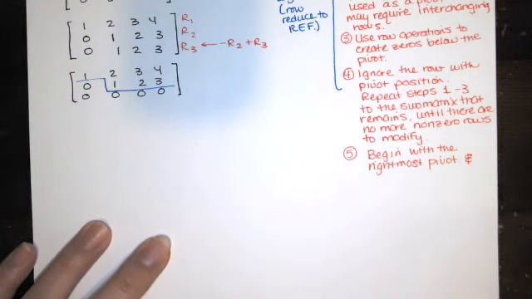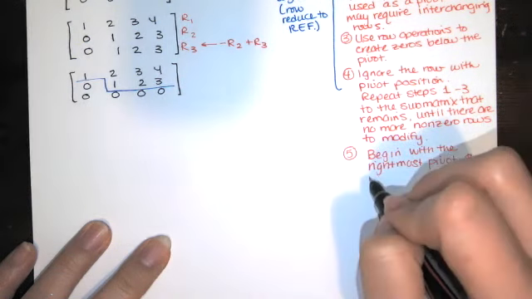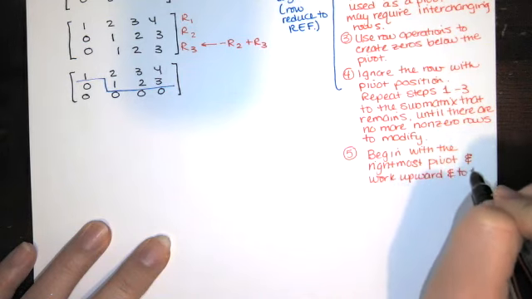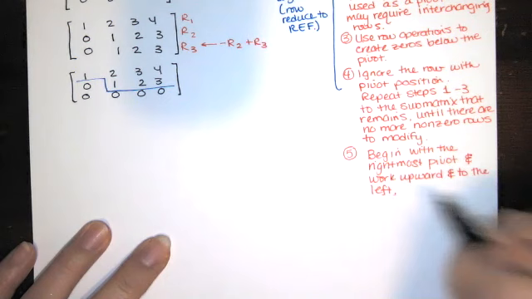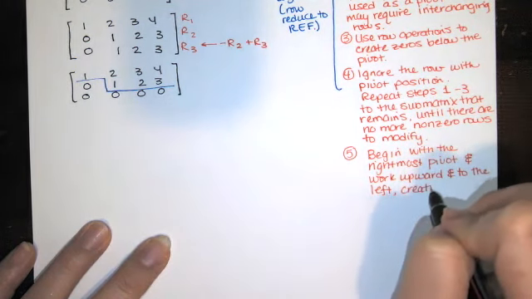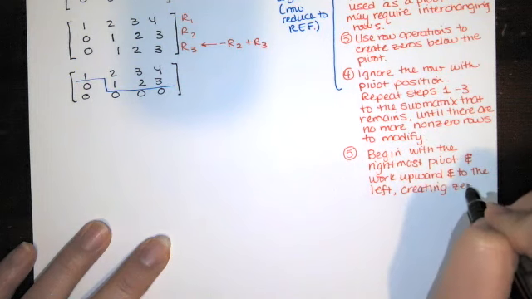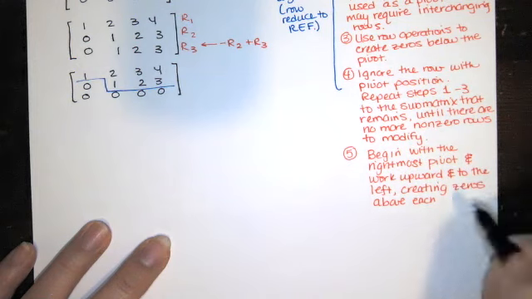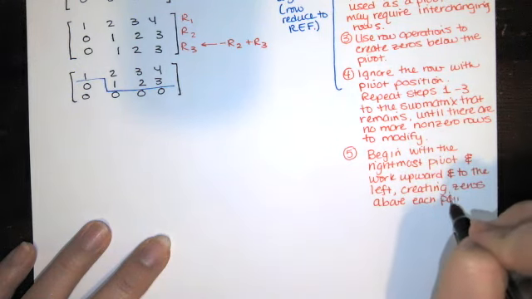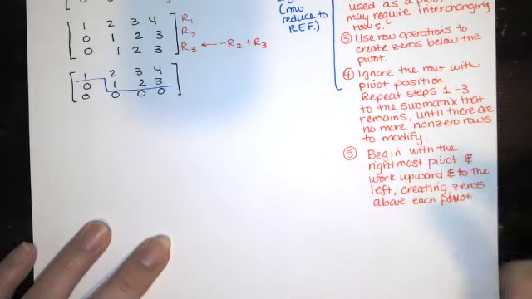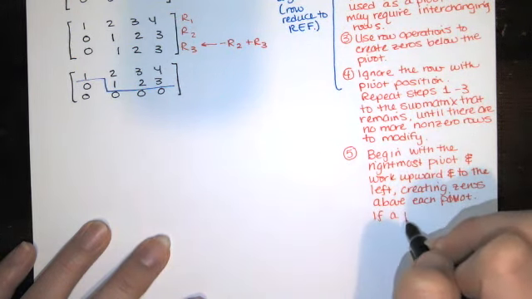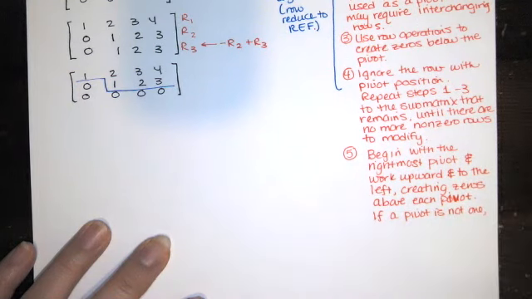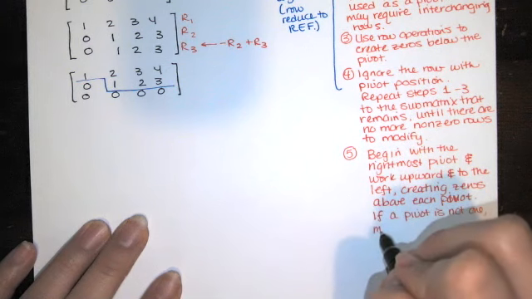So we're going to begin with the rightmost pivot and work upward and to the left, creating zeros above each pivot. And if a pivot is not 1, you want to make it 1. You just want to multiply by a scalar.